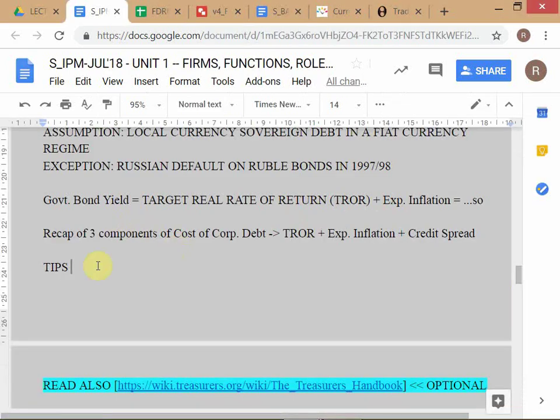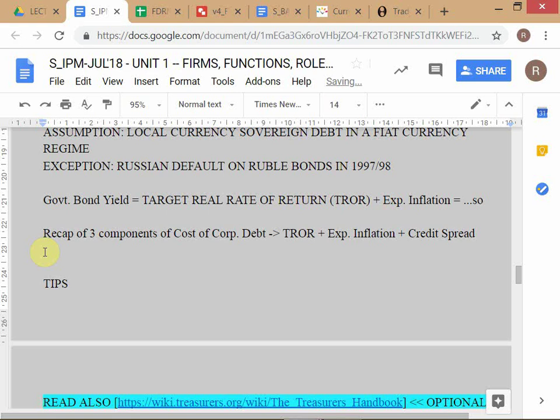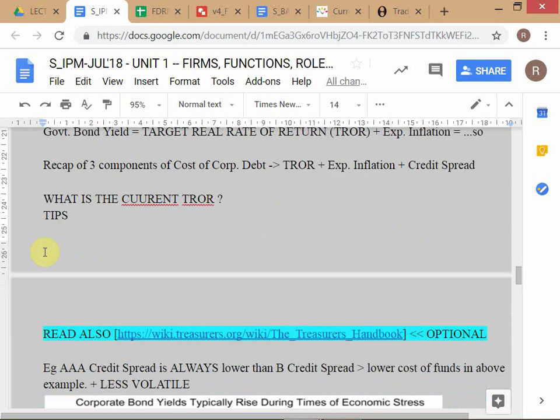The question that Goyal was asking is, how do I figure out what real rate of return I should expect?